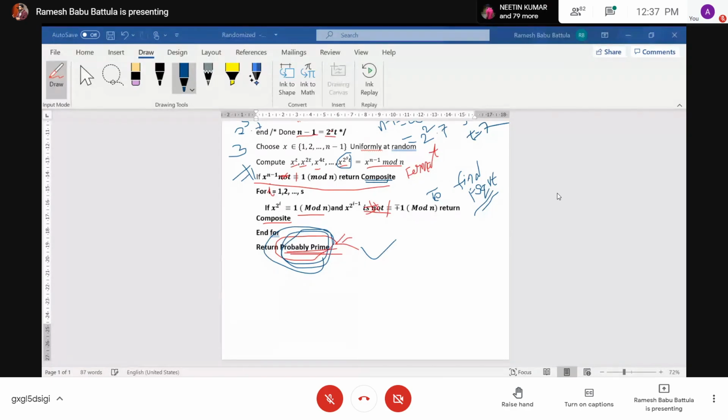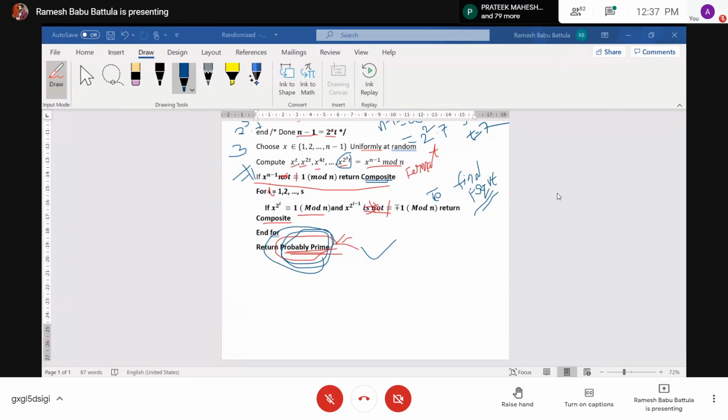Step 1 is going to be compute capital M is equal to, these are all small m1, m2, m3 and so on.